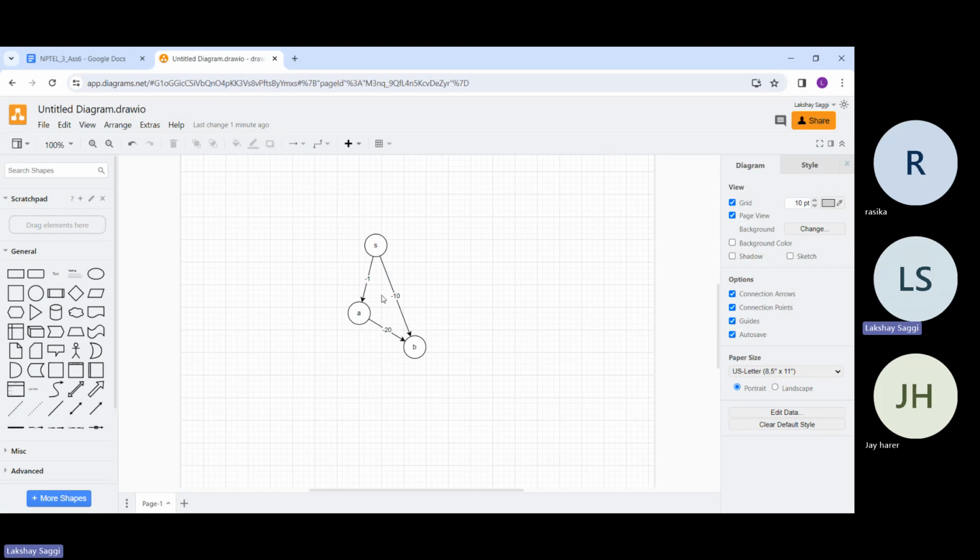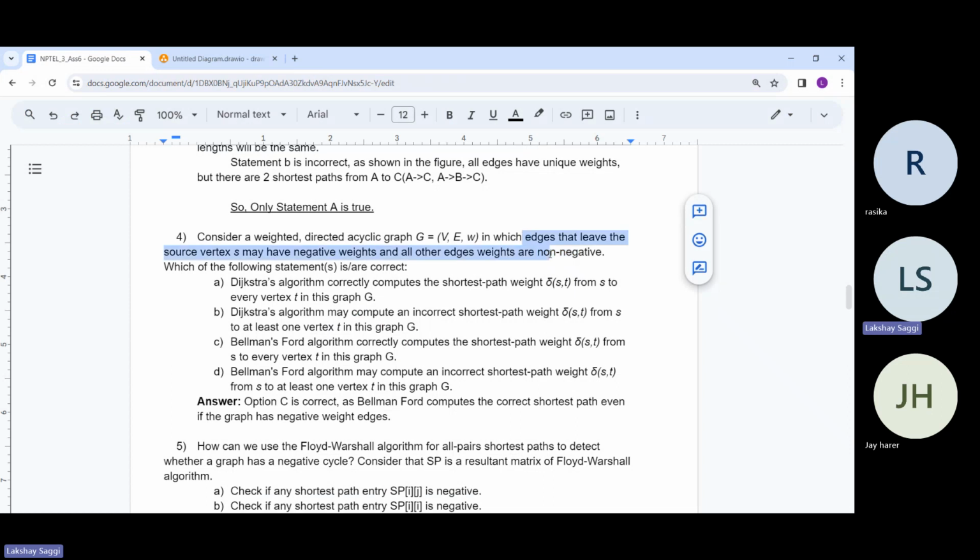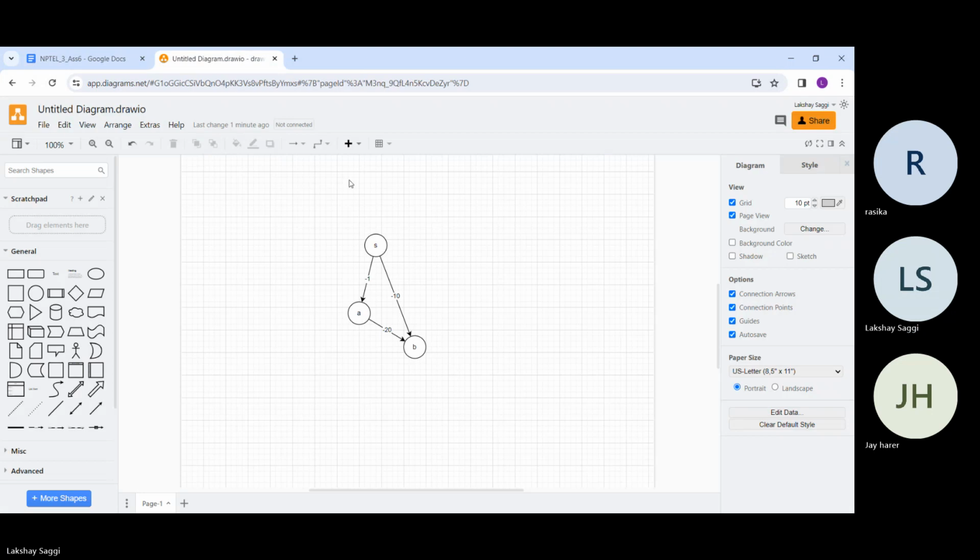But note that in this example, this -20 weight is for an edge which does not leave the source vertex. So actually, this example does not apply to this question. But note that it may be possible that we may come up with some other example where Dijkstra fails.